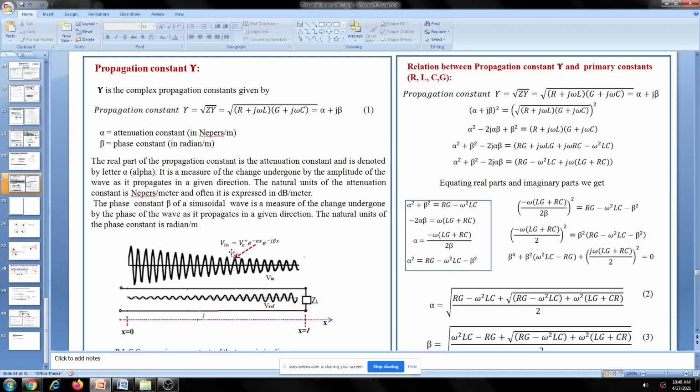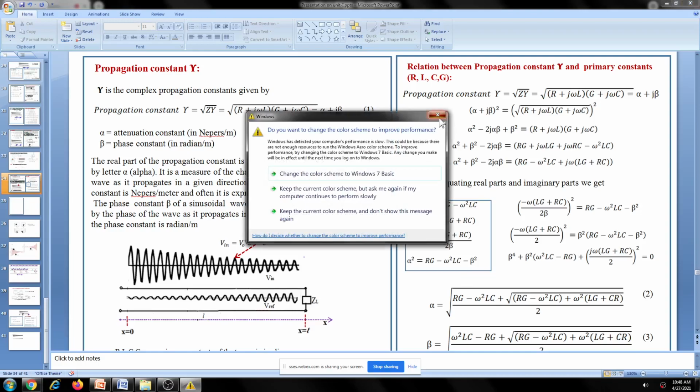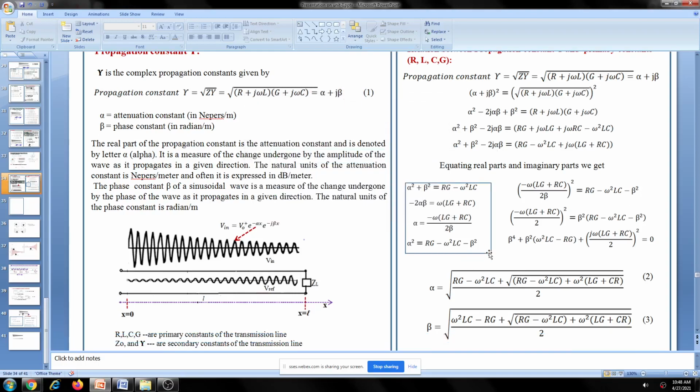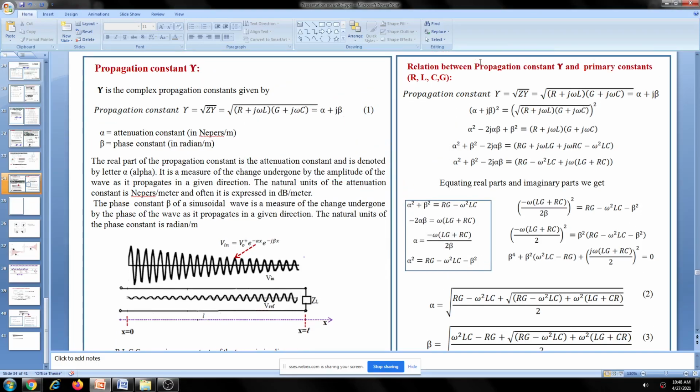How alpha is related to RLCG is given in this derivation: the relation between the propagation constant gamma and the primary constants RLCG.